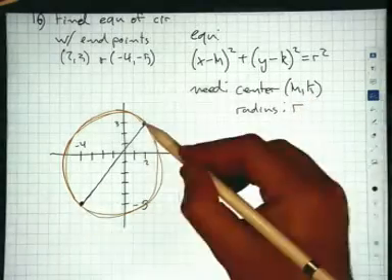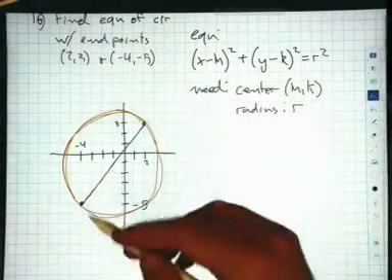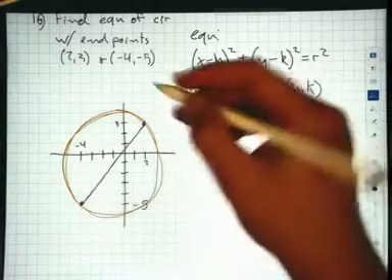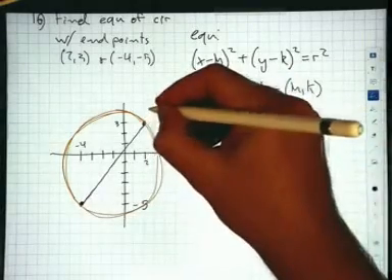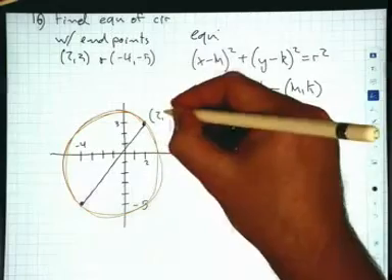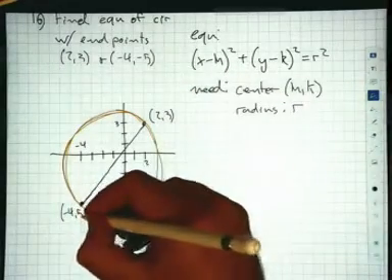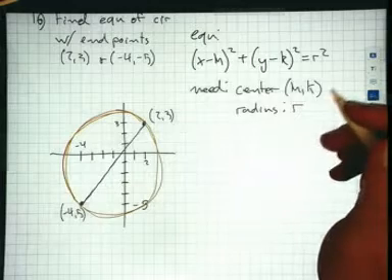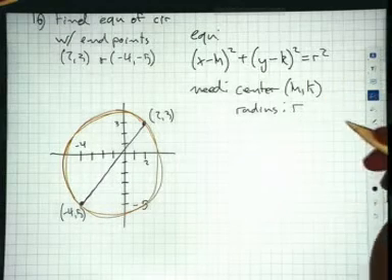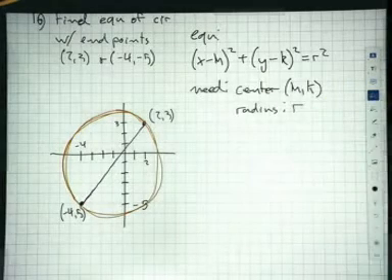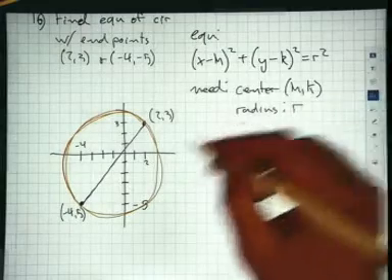We're given this line segment, the diameter. And we know what the endpoints of this diameter are: 2, 3, and -4, -5. Now, what do we know about circles, diameters, and radii, or centers?